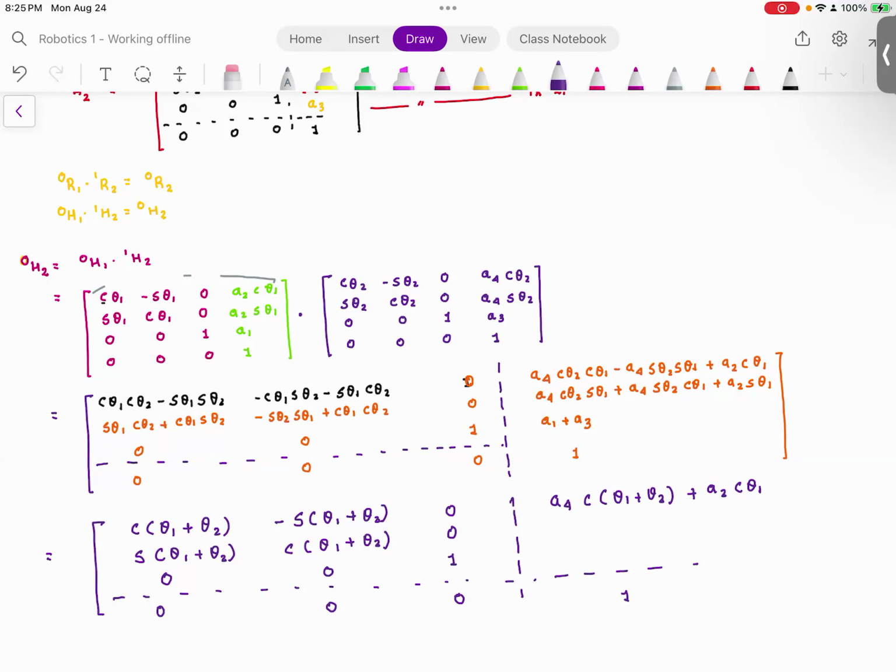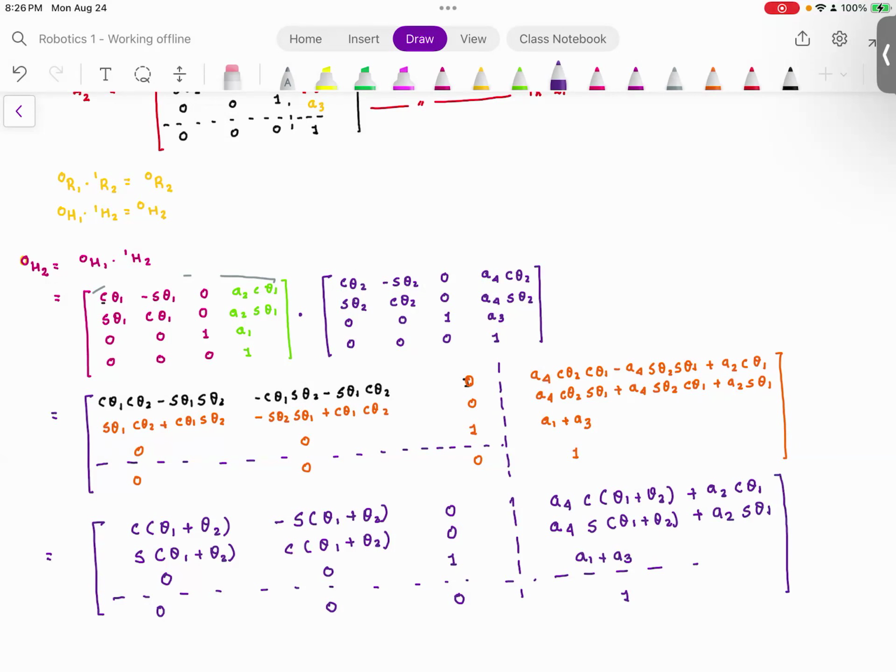Do you agree with me? Here, if I take A4 common outside, what do I get? Sine theta 1 plus theta 2 plus A2 sine theta 1. And I have A1 plus A3.